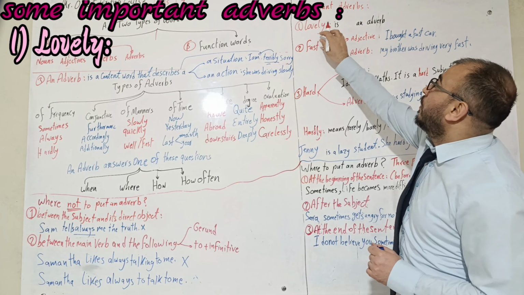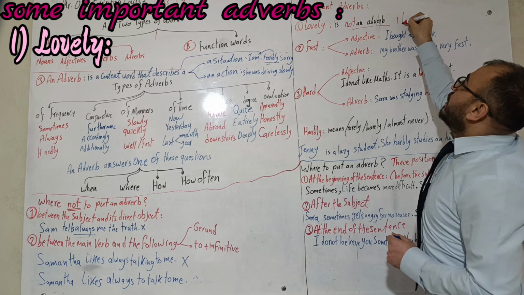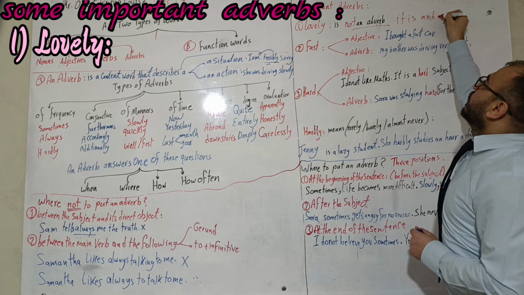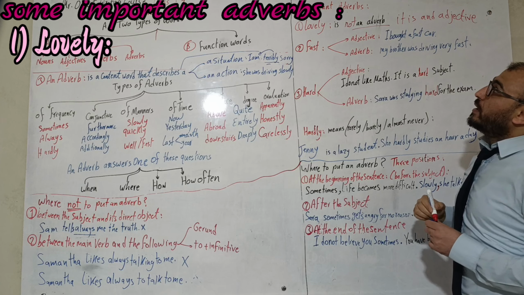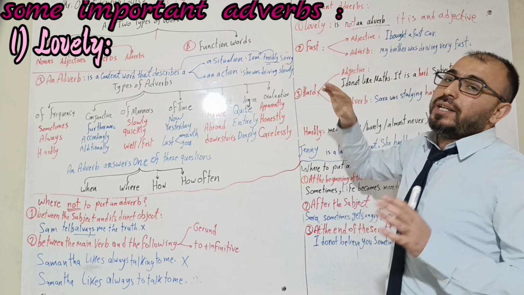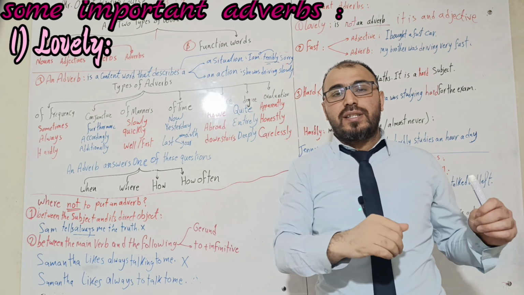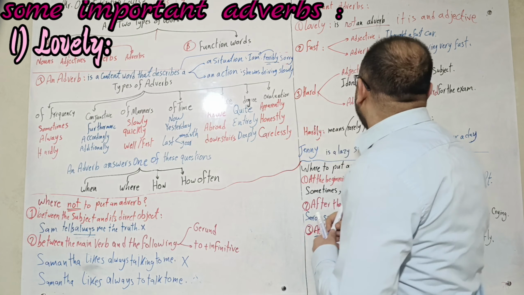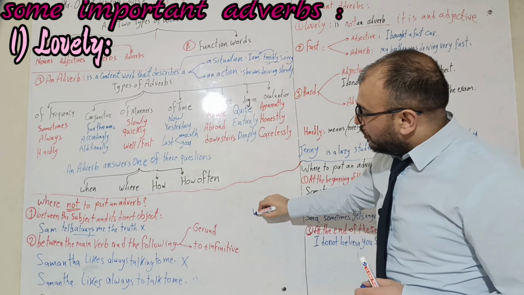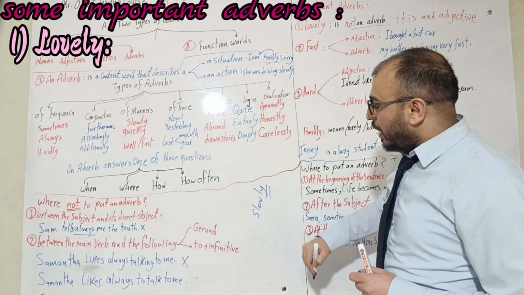In this example, lovely is not an adverb, it is an adjective. So here, my friends, the ly is not the suffix that transfers adjectives into adverbs, like the word slow, which becomes slowly when we add ly.